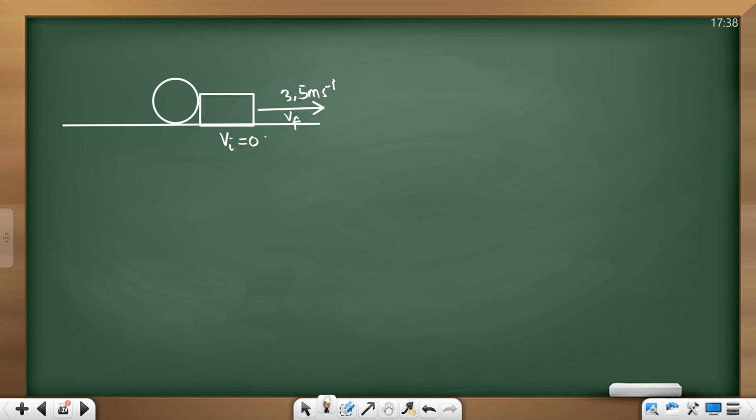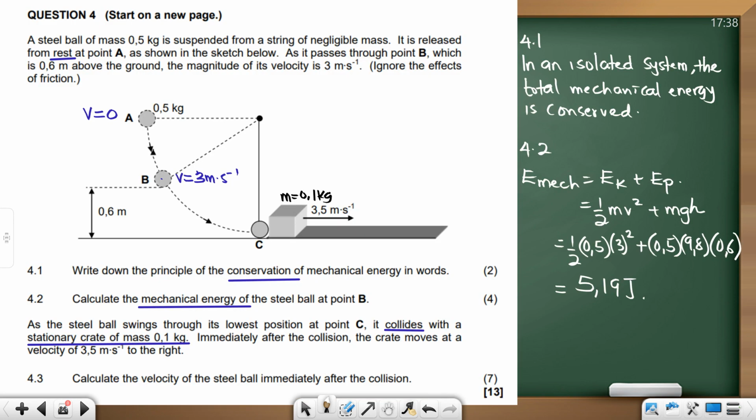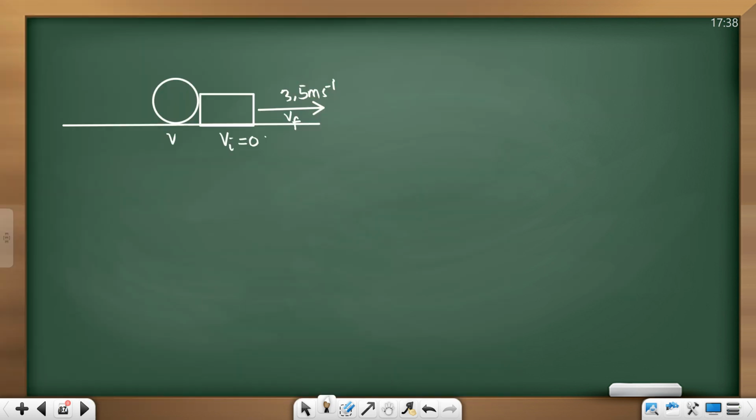Do you notice the examiner says we should calculate? Let's look for what we are calculating. Calculate the velocity of the steel ball immediately after collision. After means final velocity. We don't know. My dear learners, do we know the initial velocity? Can somebody help me? Do we know?